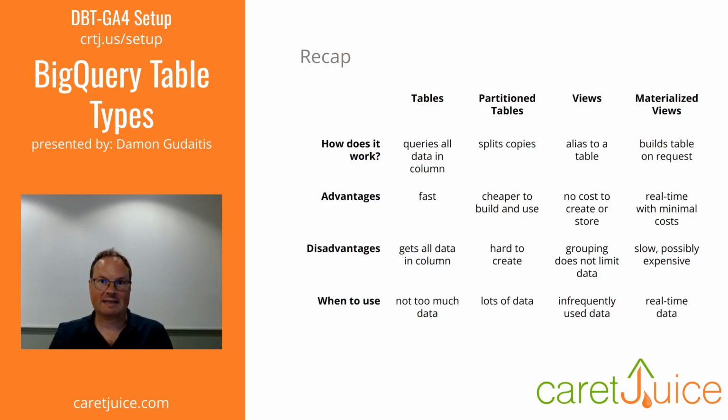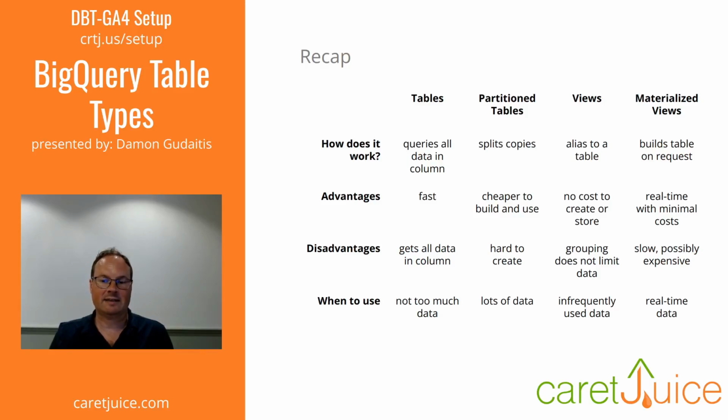They are fast, but they have to get all of the data from that column. You use them when you don't have too much data. Partition tables split tables into multiple copies depending on what you partition on. They are cheaper to build and use, presuming you query them properly, but they're hard to create and are used when you have lots of data.